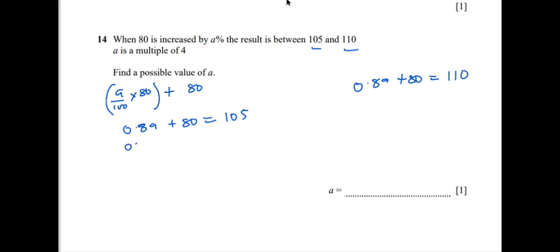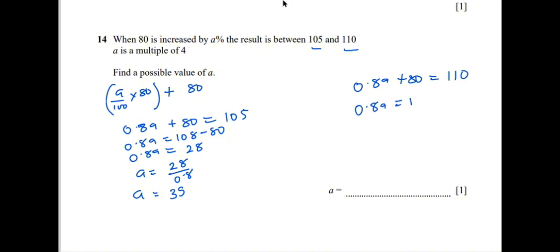So from here, 1.08a equals 105, so a equals 105 over 1.08, which gives us about 97.2. Let's solve for A on the other side: 1.08a equals 110, so a equals 110 over 1.08, which gives us about 101.9. So we have A between 97.2 and 101.9.